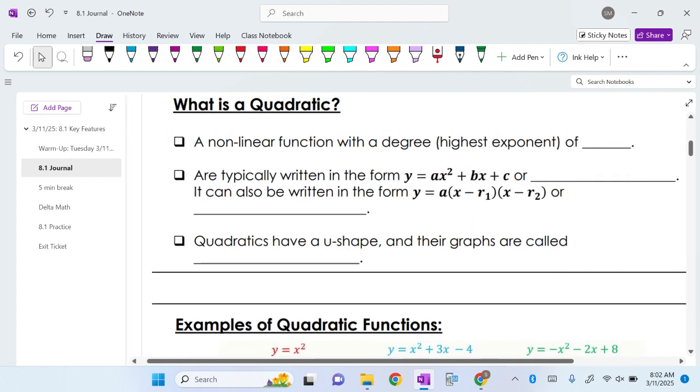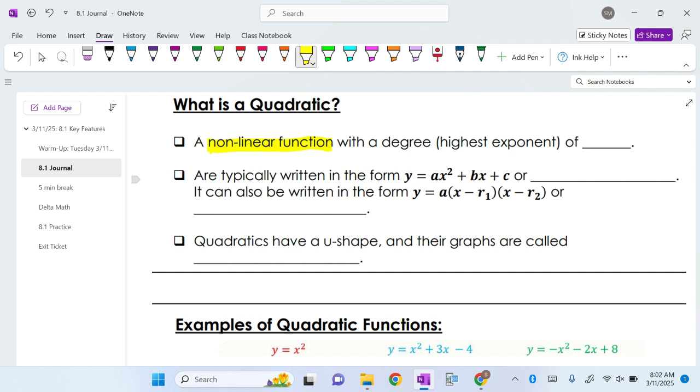So a quadratic function is a non-linear function. So it's not the same thing as a linear function, not even in the same realm. And the degree of it, or the highest exponent, is 2. So remember, degree means its highest exponent. We learned that in the last unit. That exponent is 2, meaning that there's an x squared somewhere in there.